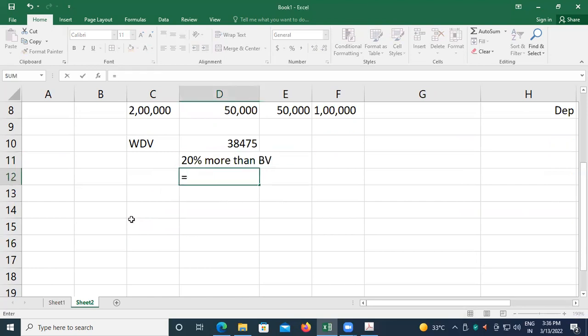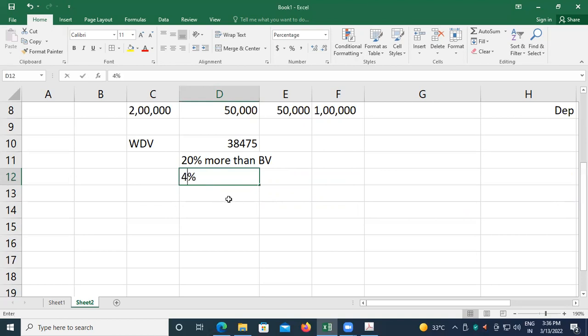So let us calculate here. The written down value of the asset is 38,475, and we are going to sell it at 20% more. So 38,475 plus 20%, it should increase here. So if you calculate, 38,475 into 20%, plus that 20% we have to add, right?